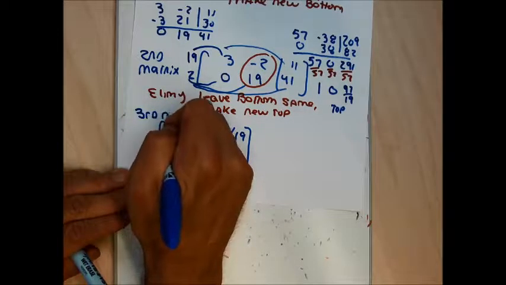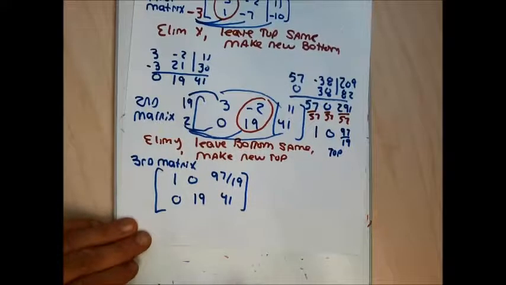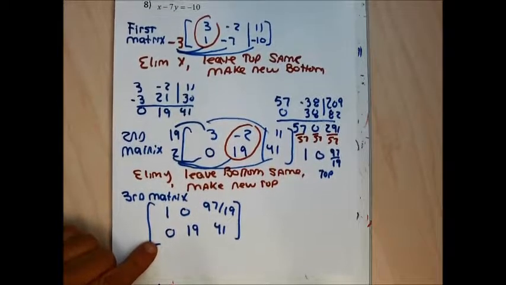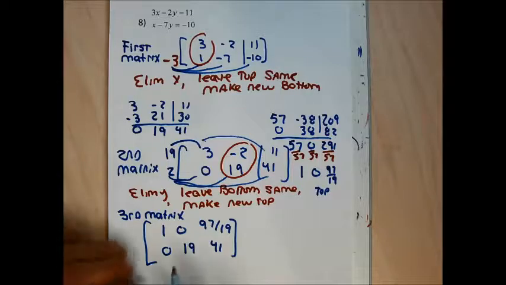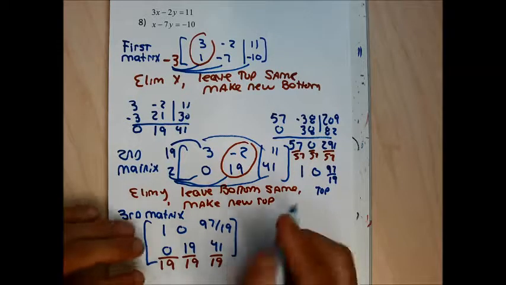When we get a fraction answer, we pick up an extra step. That extra step is to now divide out that bottom row. That bottom row, which I haven't taken the time to divide yet, I'm going to divide everything by 19. And that's going to take me to my final matrix.